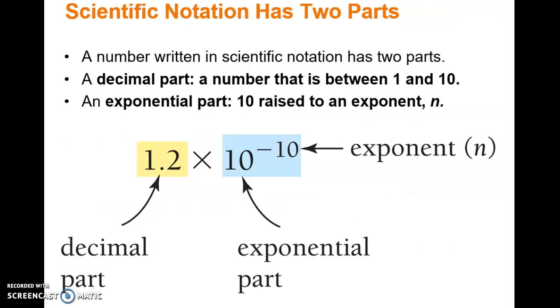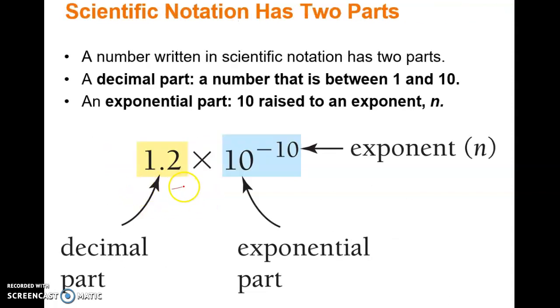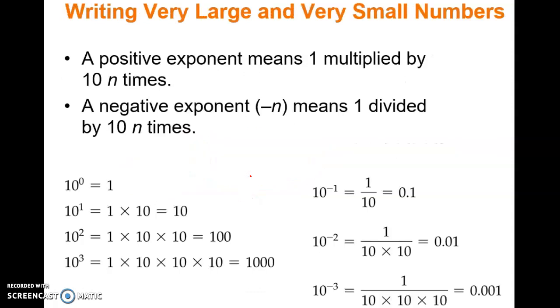Scientific notation. Scientific notation is a way to write a really large number or a really small number in a much more compact way. So in scientific notation, you're going to have the decimal portion, and then you're also going to have the exponential portion.